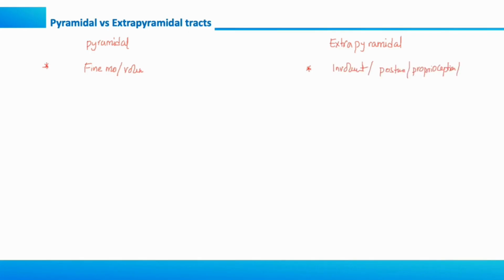They also maintain reflexes of the body, mainly the stretch reflexes. In any lesion of the pyramidal tract, the distal muscles of the body are involved, and also the anti-gravity muscles are predominantly affected. When it comes to extrapyramidal tract injury, mainly the proximal and axial musculature is involved.